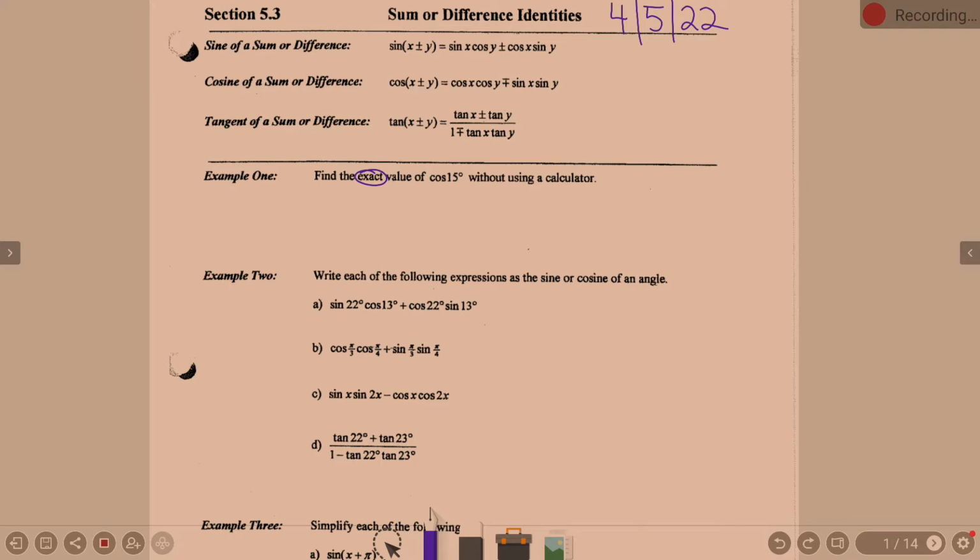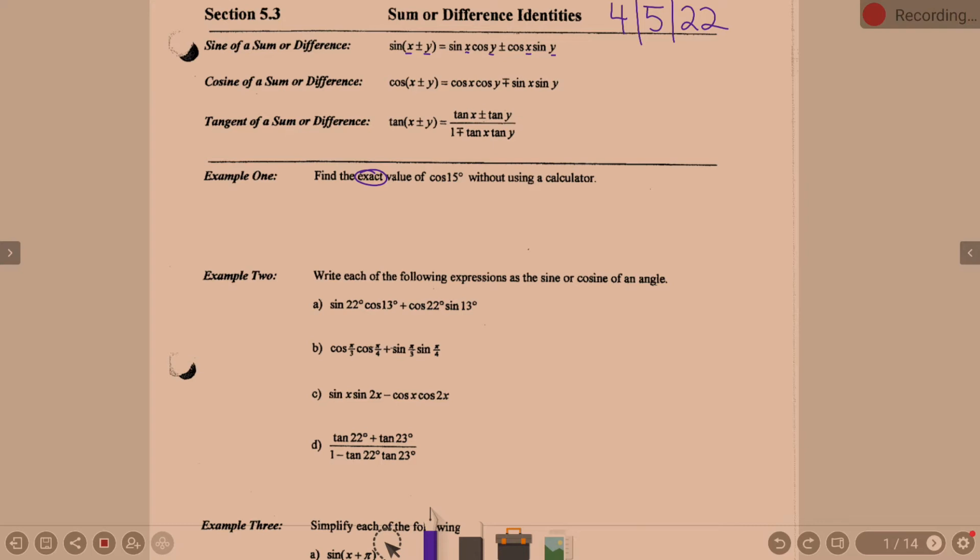It's plus or minus in both cases. If the first one is a plus sign, the second one is a plus sign. If the original is subtraction, then in my answer it's subtraction. It's really just taking these x and y values and plugging them into the formula.